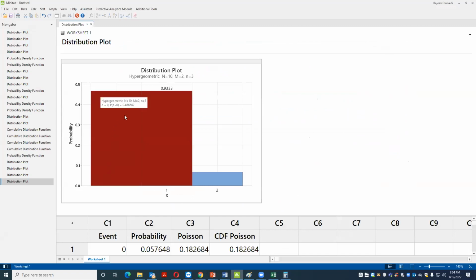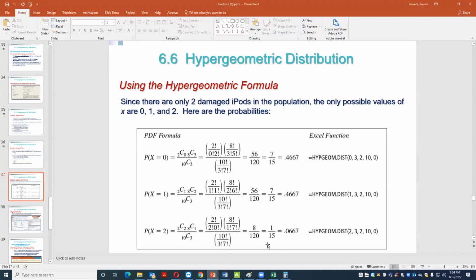I'm not getting a 0 here. Why this? Oh, here I have a 0, which is red, since I picked 1. So here you can see 46% for 0 damaged. The second is also 46, I mean the probability of 1, and the probability of 2 is 6%. So 46, 46 and 6.